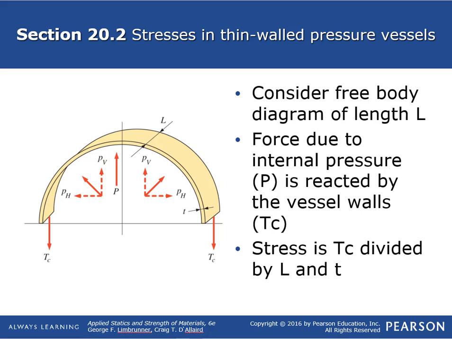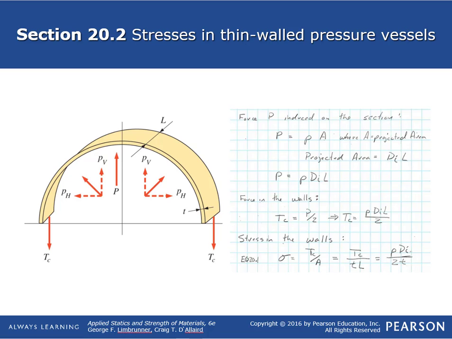If we were to derive this equation, P is the force. That's this force here, P, induced on the section. So this force P equals small p, which is the pressure, times the area. Now the projected area in this case is the inside diameter times the length.